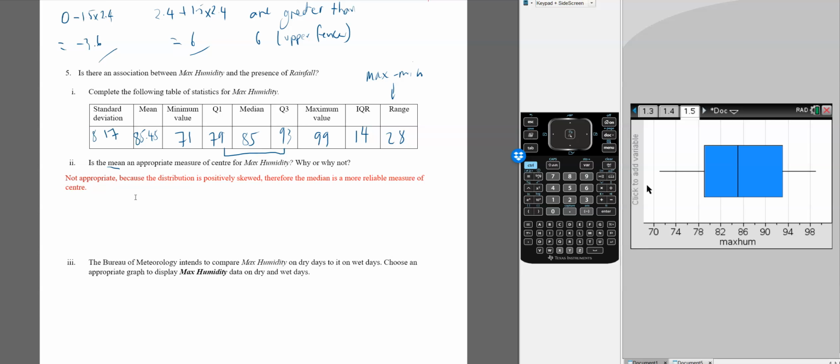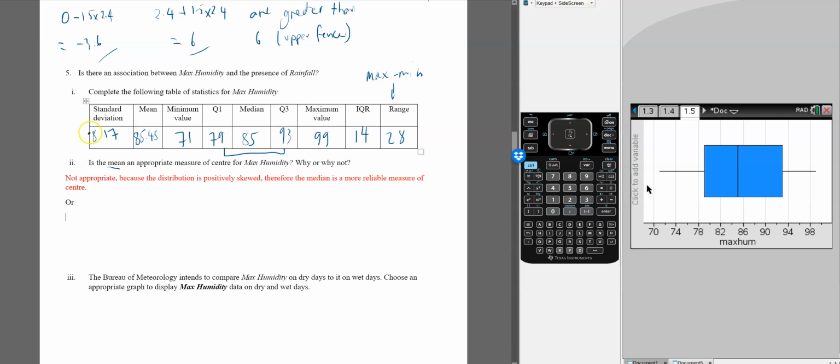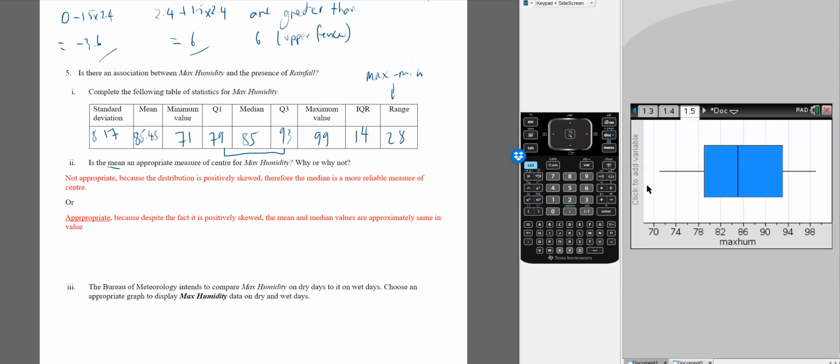However, you could also argue that it is appropriate because of the fact that the mean and the median are very close to each other. It's only a matter of being 0.48 off. So you could say appropriate because despite the fact it is positively skewed, the mean and median values are approximately the same, similar in value.